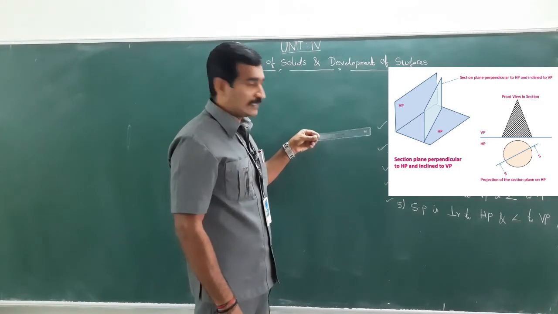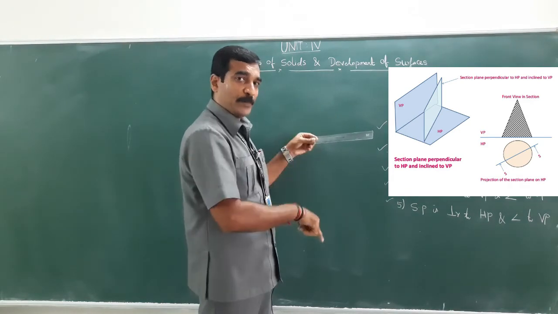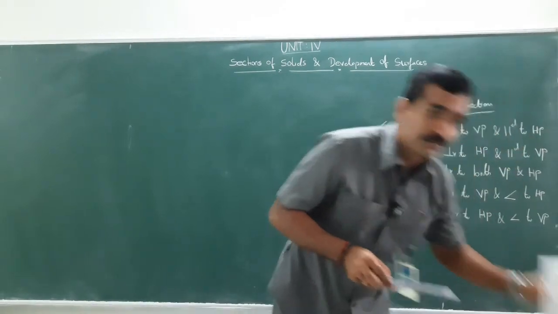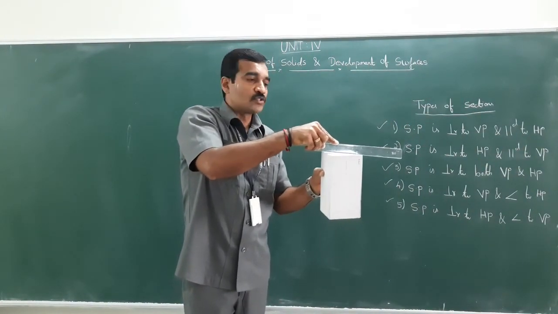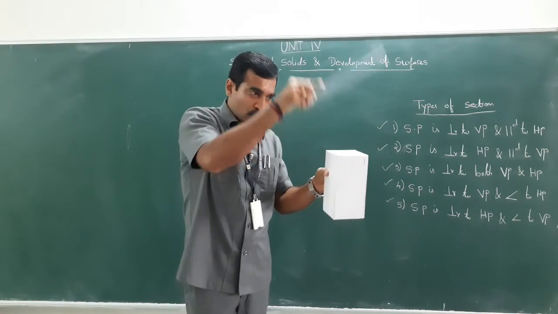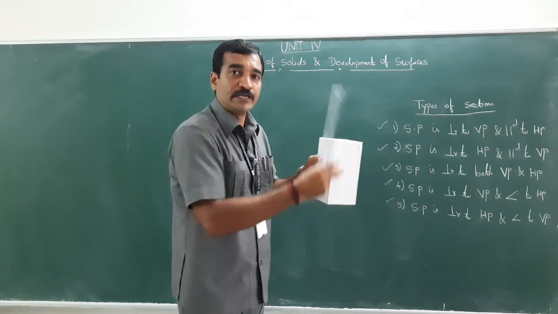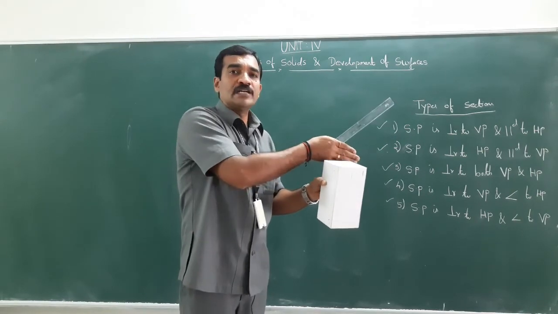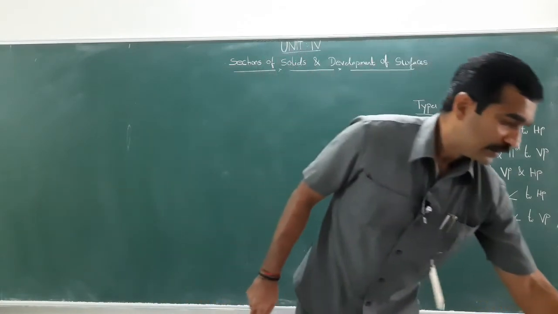If the section plane is in this position, now the section plane is perpendicular to HP and inclined to VP. So the object would be cut in this position, right? If you cut the object thoroughly, that means from the top face to the bottom face, this front face would be removed. That is the removed portion, and the balance would be the remaining portion. Got it? So remember it.